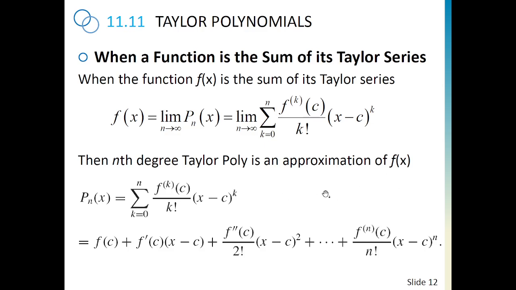So the idea from now on will be to approximate the function f by a Taylor polynomial of certain degree n here, and then estimate eventually the error using the Taylor inequality.